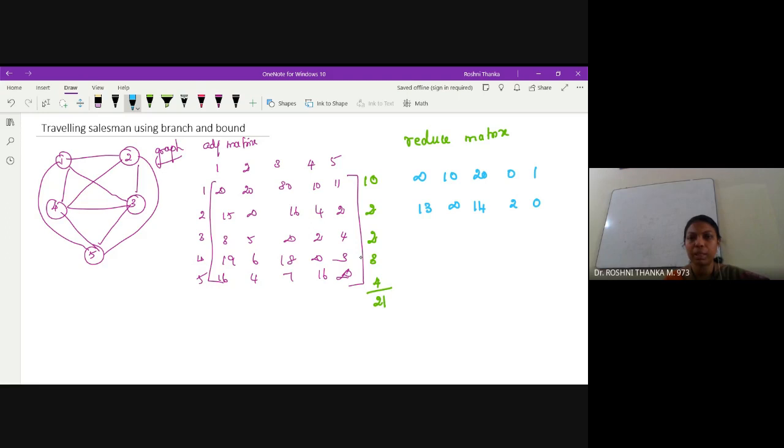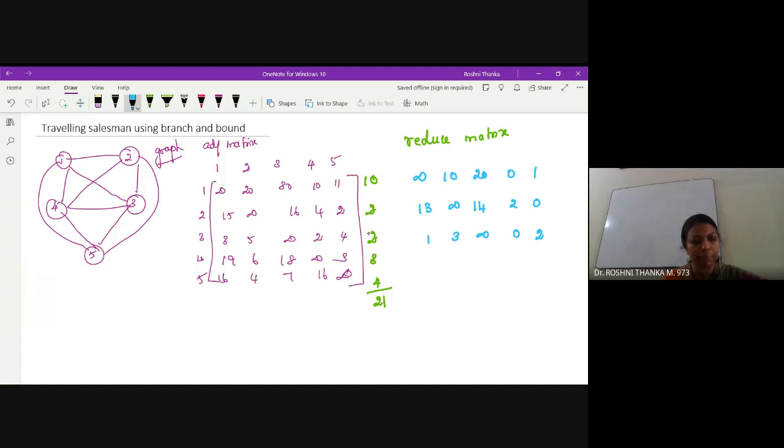And similarly in the third row, again it should be subtracted with this 2. So I'll be getting the values as 1, which means 3 minus 2 is 1, 5 minus 2 is 3, infinity minus anything you will get infinity only. Then 2 minus 2 is 0, 4 minus 2 is 2.